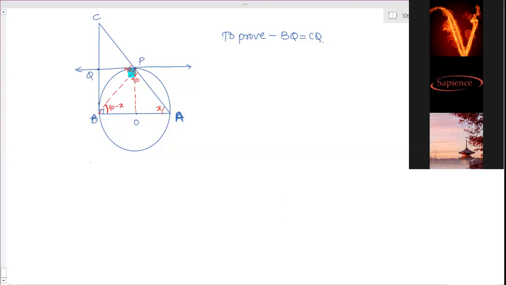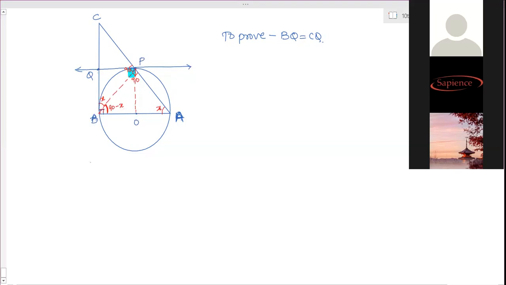If this is 90 minus X, then how much is this? The full angle is 90. Out of this, 90 minus X, so this will be X. PBQ is X, right? Yes.